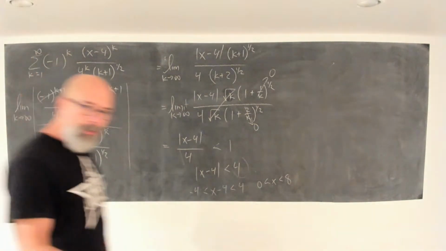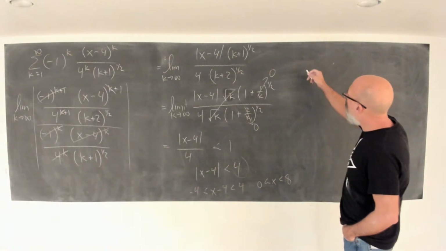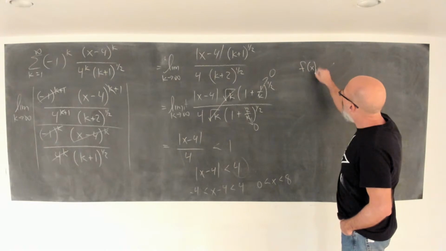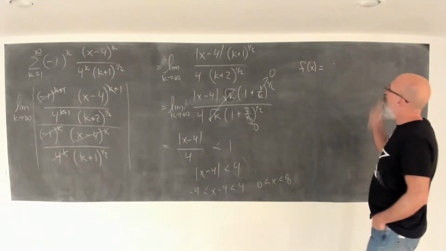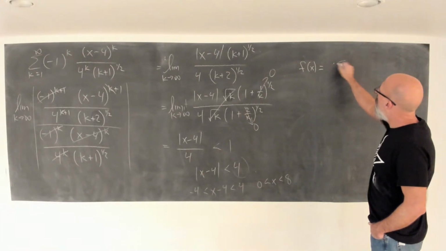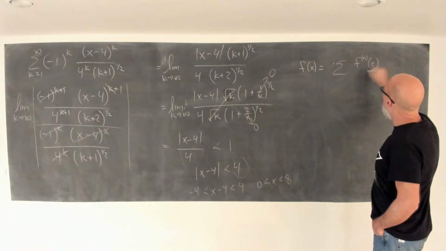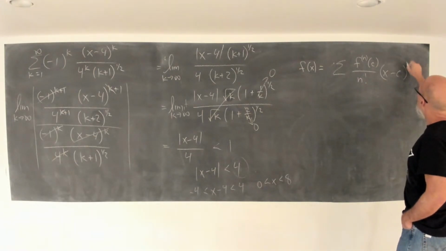So, I mean, what have we been doing? We have been looking at Taylor and Maclaurin series, and we've been saying that f of x as a Taylor series is the nth derivative evaluated at c over n factorial x minus c to the n.